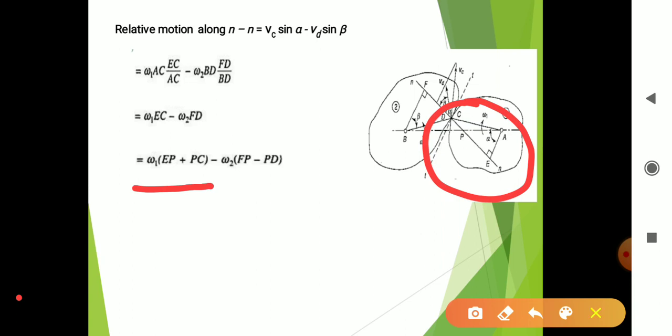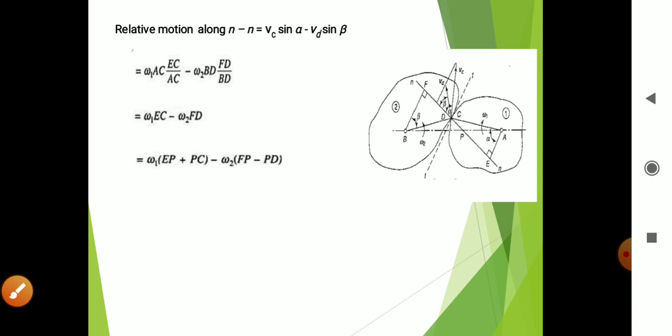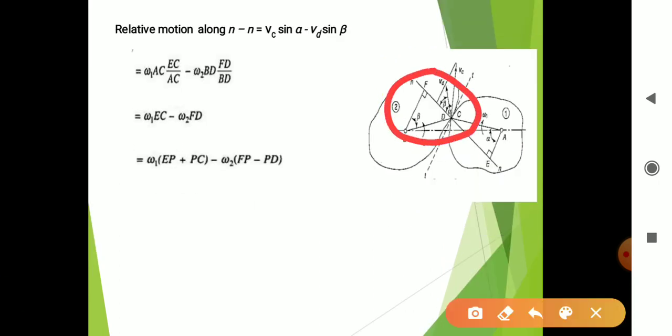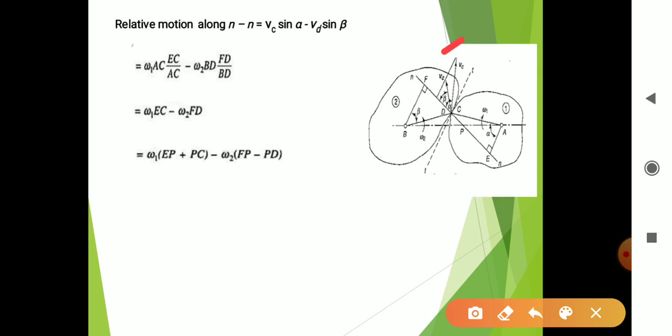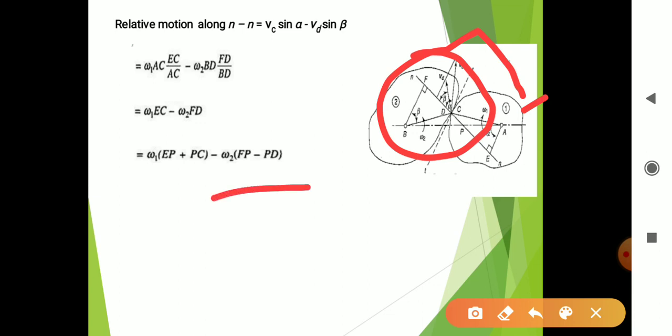So FD is nothing but, see here, this is FD. FD is nothing but FP minus PD. So see here, FP minus PD is equal to FD.